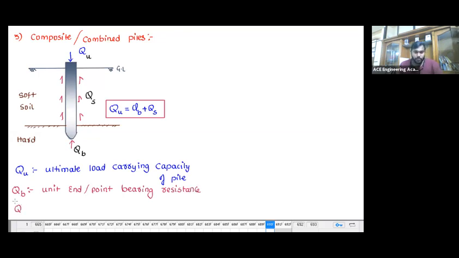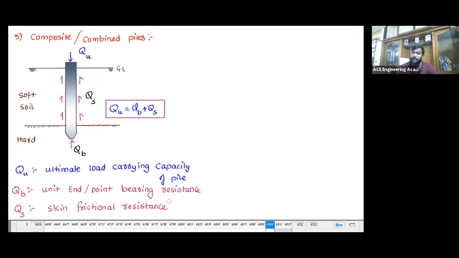QS is the skin frictional resistance. So these are the terms that we are going to see: ultimate load carrying capacity, unit end or point bearing resistance, and skin frictional resistance.